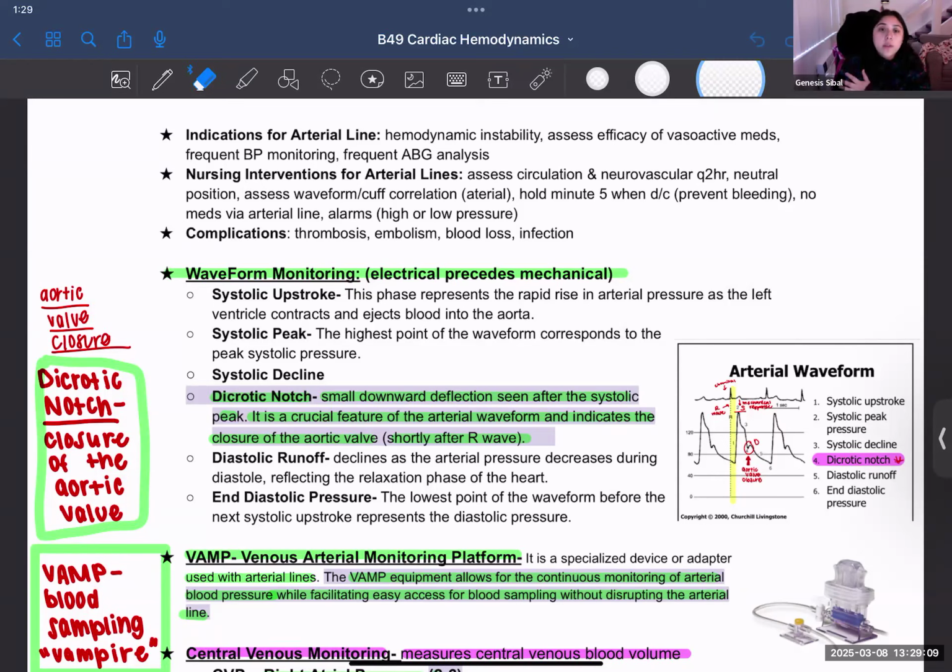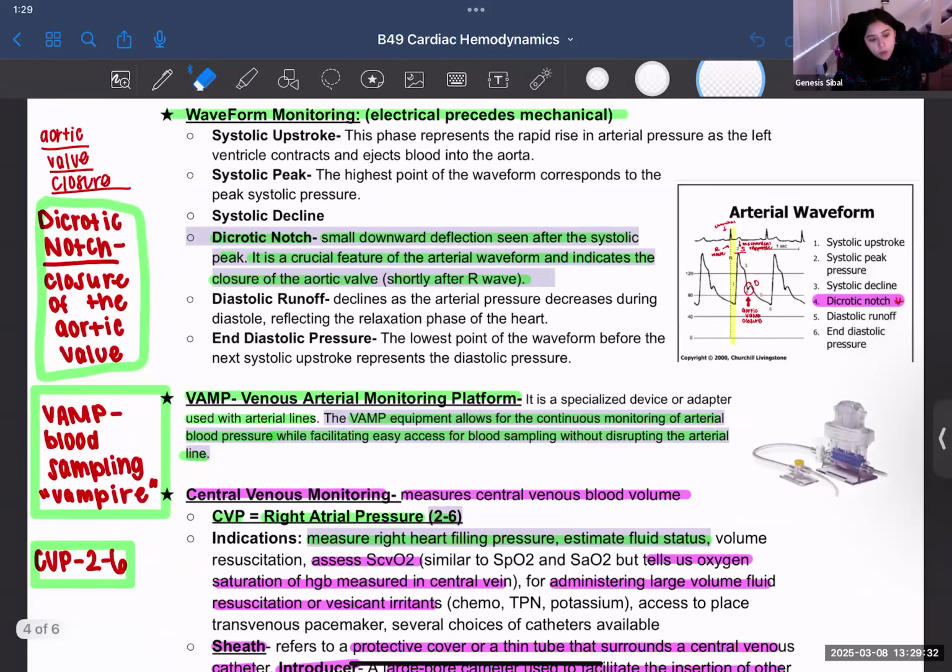Sometimes you still have the cuff on them and you have them on an arterial line. You hold pressure to prevent bleeding for 5 minutes if you're discontinuing a line. No meds. If you have an arterial line, that is a great question. That's why it's not a treatment. You're not pushing anything through, but you can get samples, but just know that you can't be pushing anything into that actual arterial line.